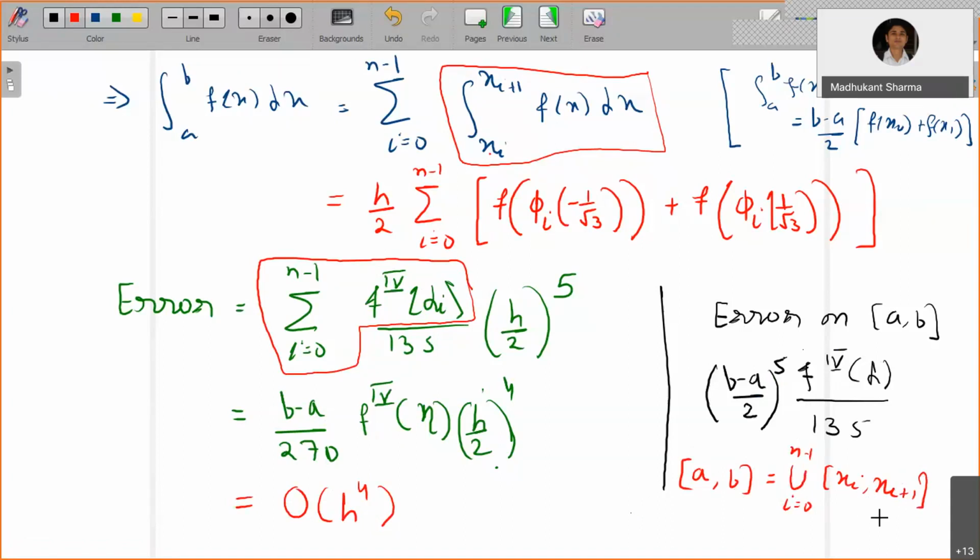Moreover, each interval will have two Gauss points. So there are n sub-intervals, so there are 2n Gauss points.